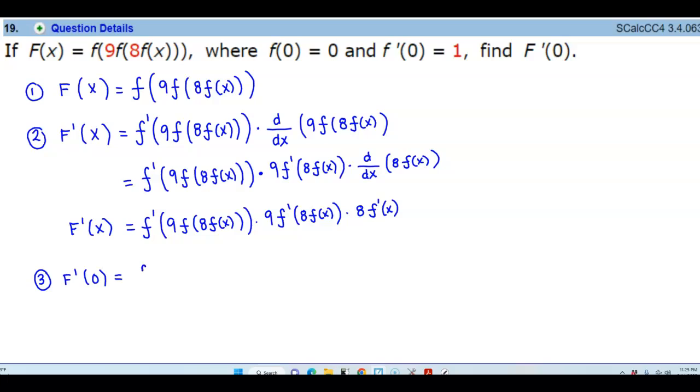So we have f prime of 9 f of 8 f of 0 times 9 f prime of 8 f of 0 times 8 f prime of 0.